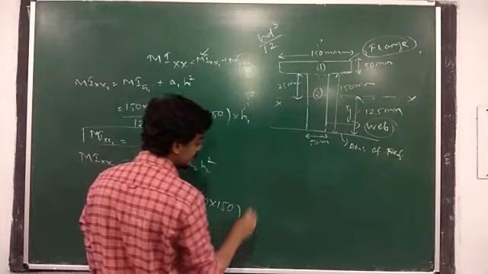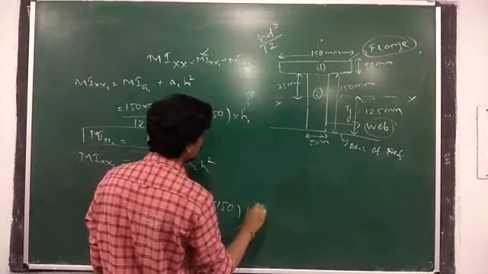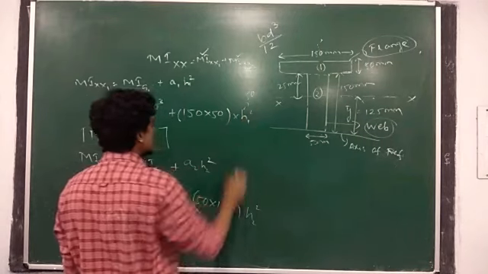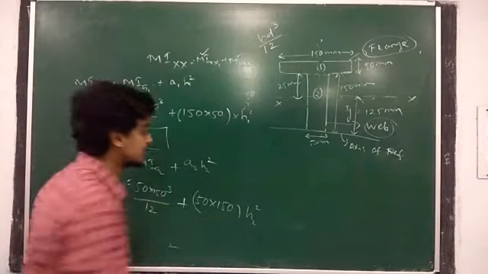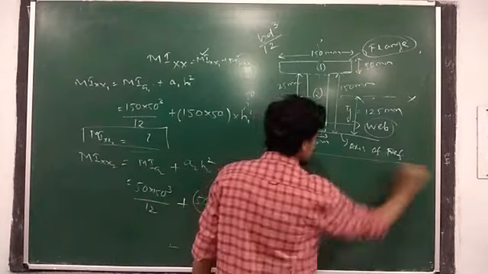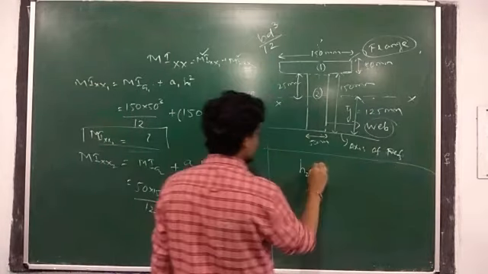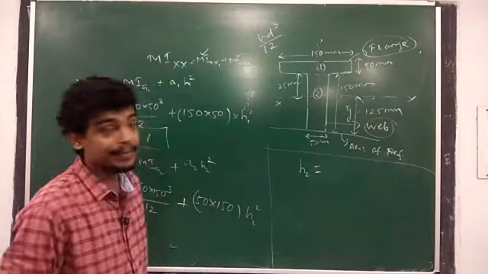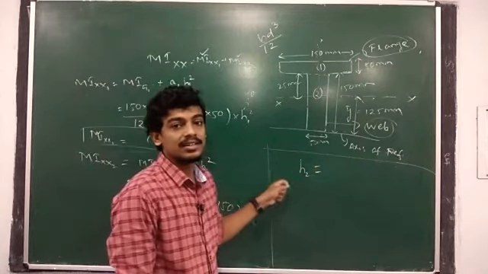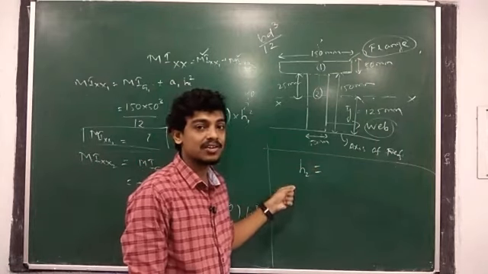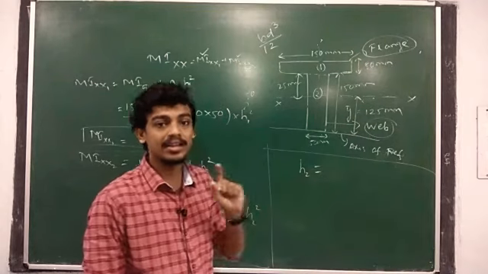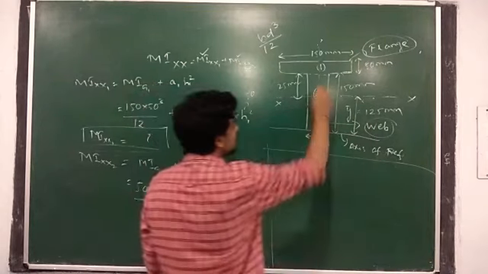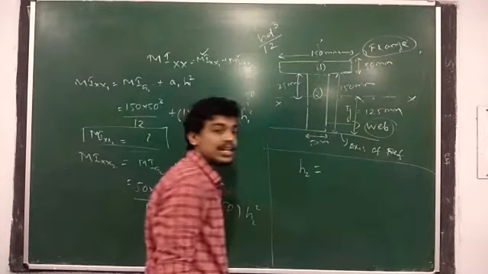Now the question is h2 square. How to calculate h2? Everyone can tell. Again I am repeating, h means the central axis of that area to the axis where it should be calculated. So we are dealing with now section 2.